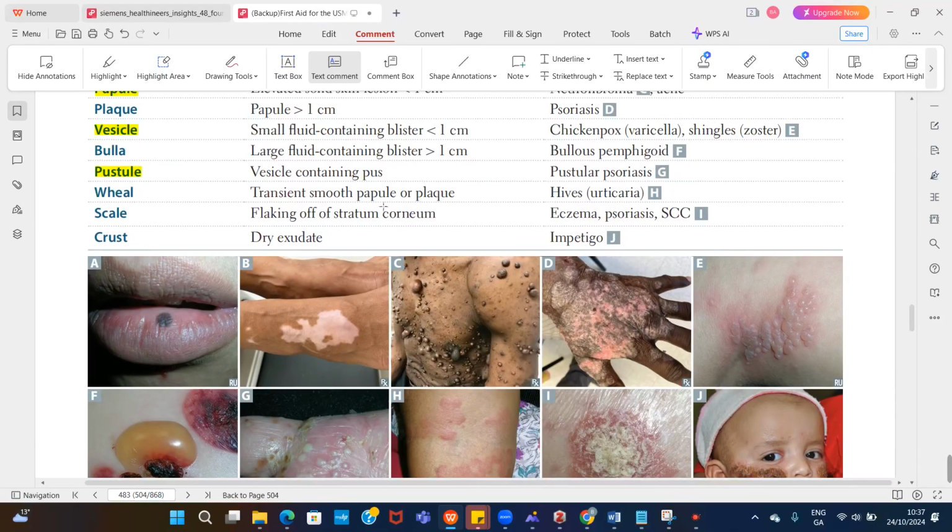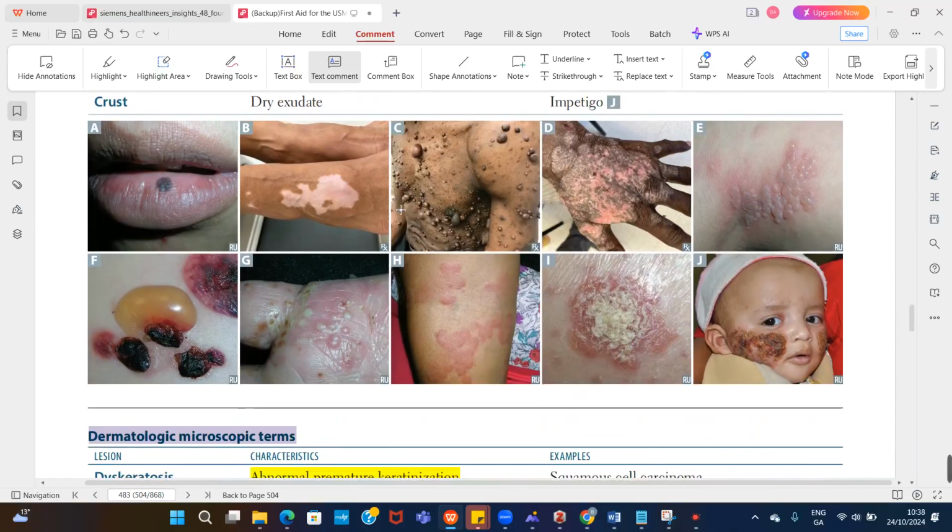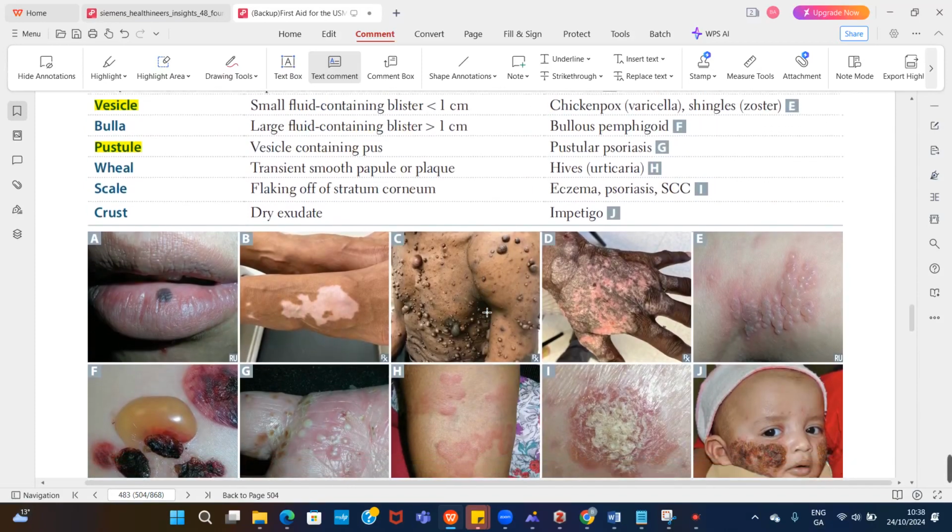And the wheal is a transient, smooth papule or plaque. Example is what we call hives or urticaria. Most of the time they would say urticaria, but it's good you know that they're also called hives. They are usually transient. Maybe the person used a particular drug or is just allergic to something, like insect bites, and this just disappears transiently.